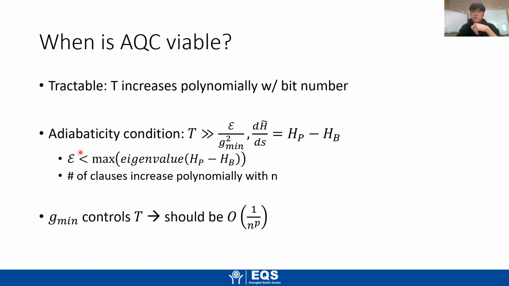So this means that basically E is upper bounded. So we can see that g_min controls T. And we want g_min to be of the order of some inverse of a polynomial of n. In this case, we can say that our formulation is tractable.